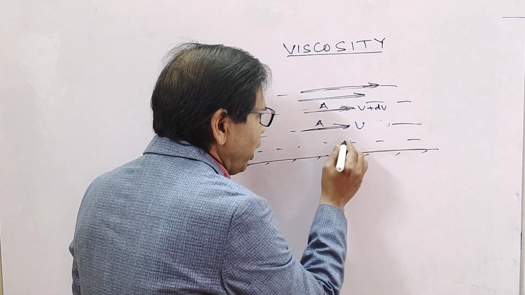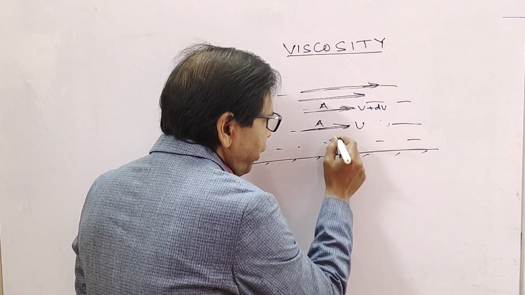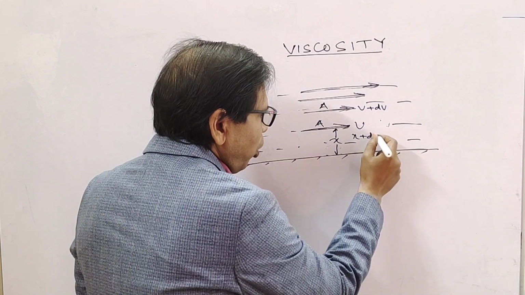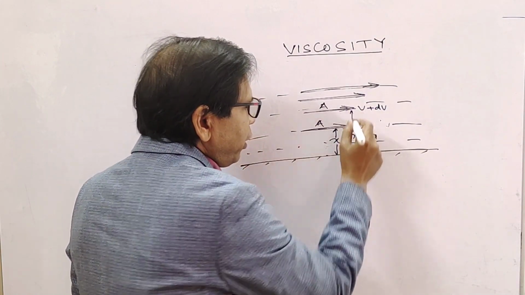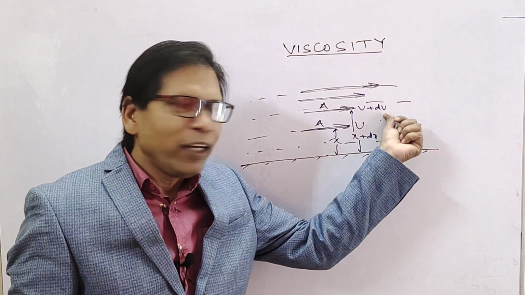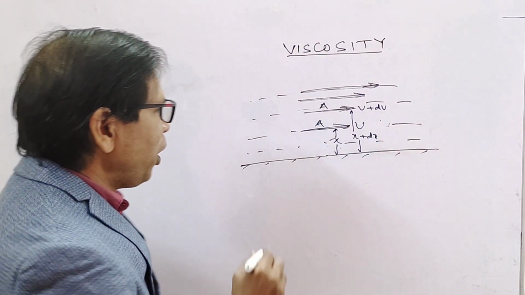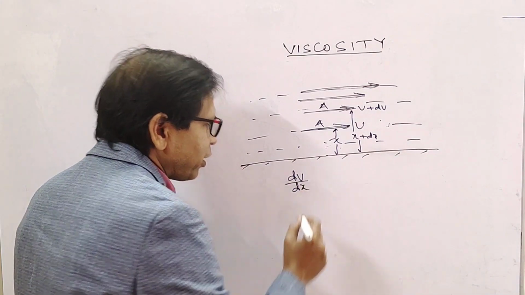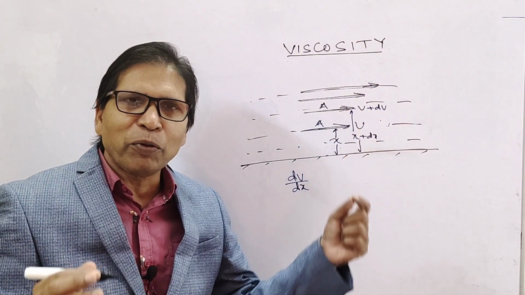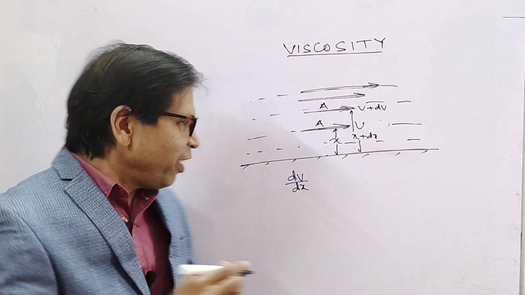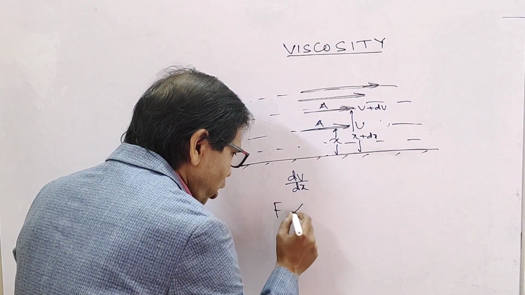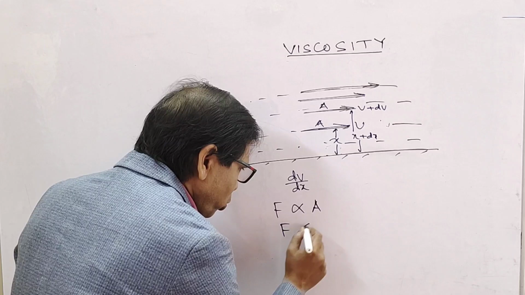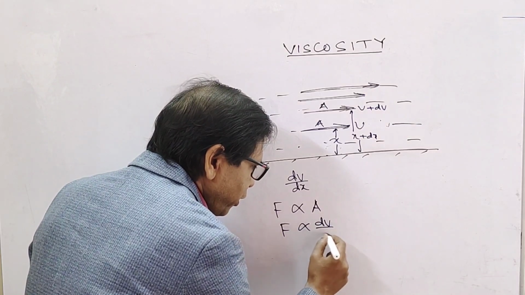Suppose look at these two layers, each of area A, at a distance x and x plus dx from the solid surface. Their velocities are v and v plus dv. So the velocity gradient between the two layers is dv by dx. Now the tangential force between the two layers, F, is directly proportional to the area, and F is directly proportional to the velocity gradient.